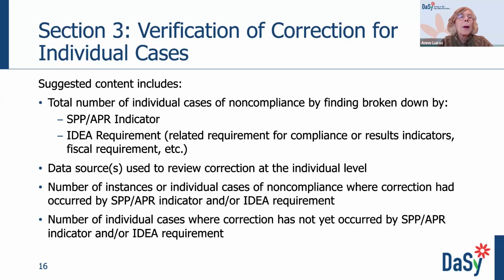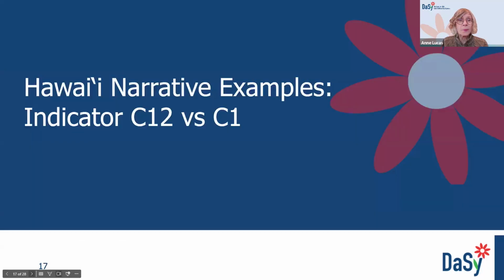Then include the data source that you used to review the correction at the individual level, and the number of instances or cases of noncompliance where correction had occurred, and the number of cases where correction has not yet occurred, for each. So break those down as well. And let's go to the next slide.